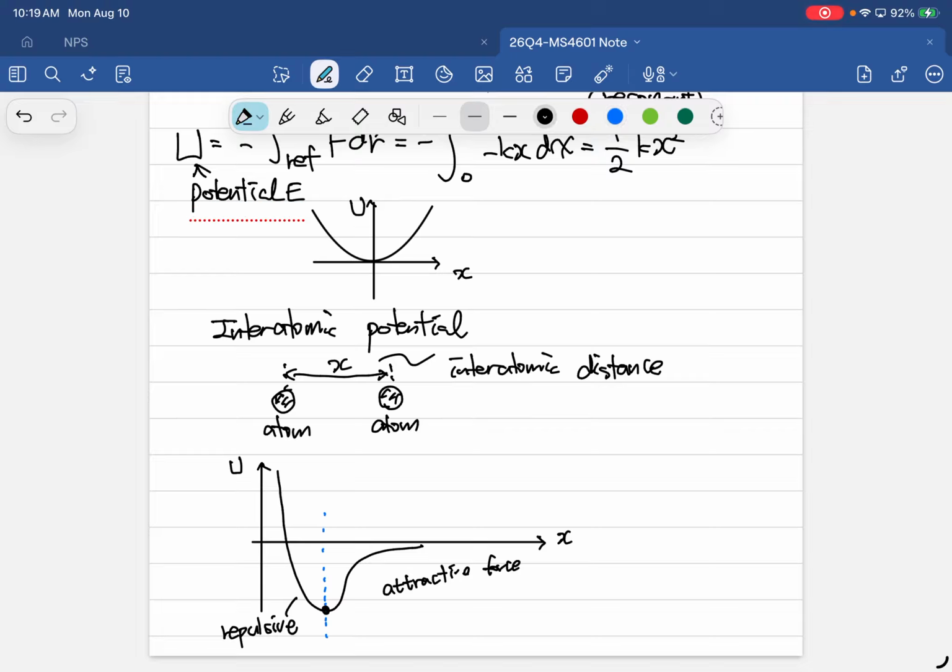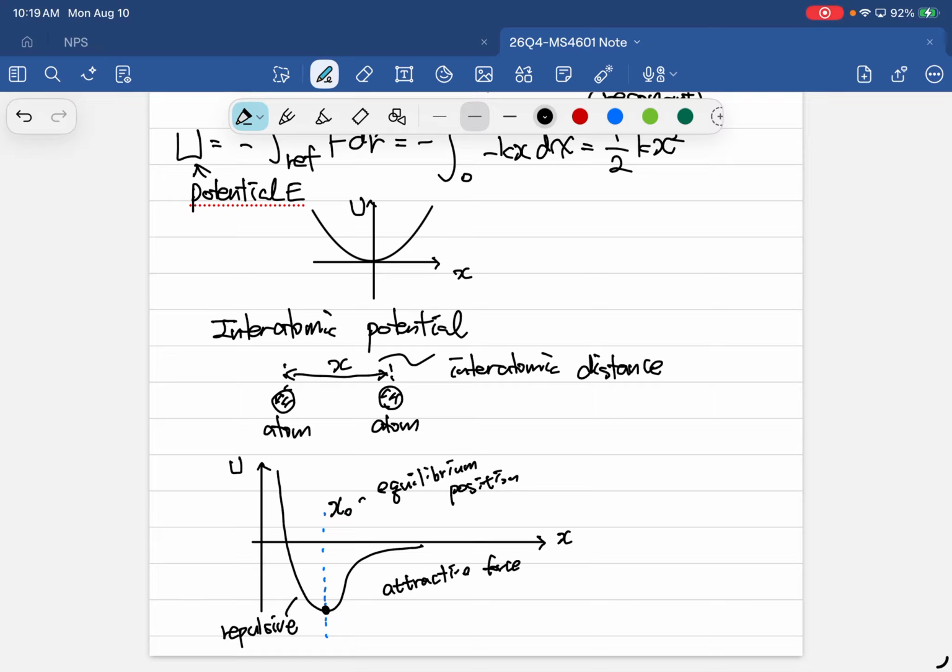This spot is called x naught, or in other words, the equilibrium position. This position is exactly where the attractive force and repulsive force are balanced, right? That is how these atoms find the equilibrium position.